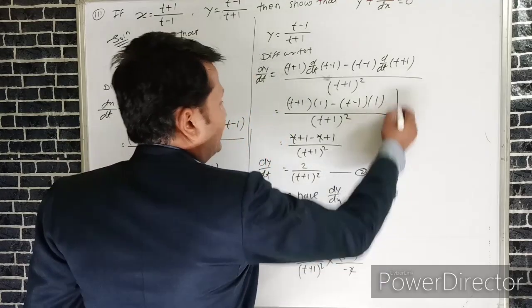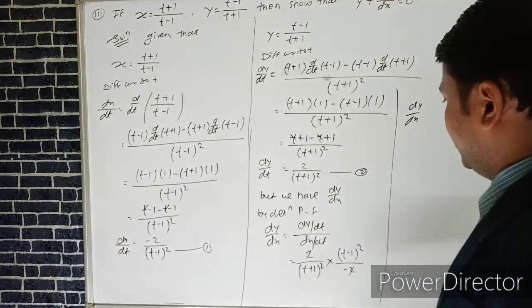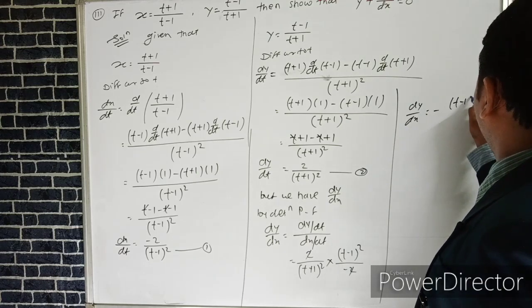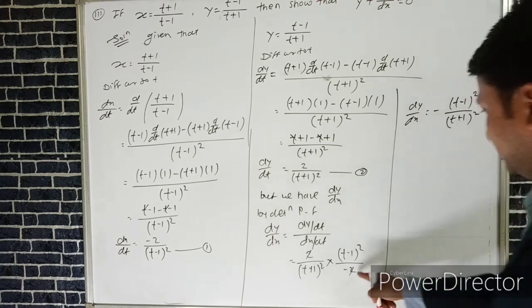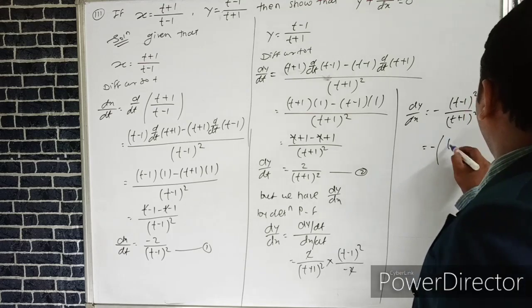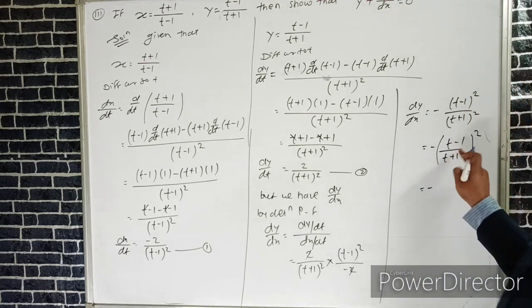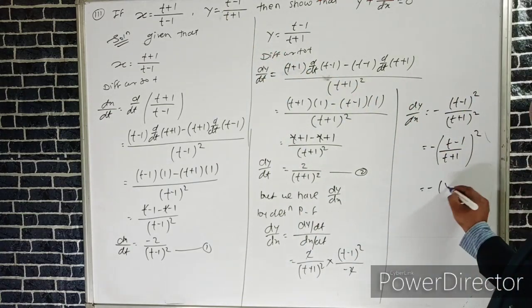We can write dy upon dx is equal to minus of t minus 1 bracket square upon t plus 1 whole bracket square. We know that t minus 1 upon t plus 1 is the value of y, so it is y square.